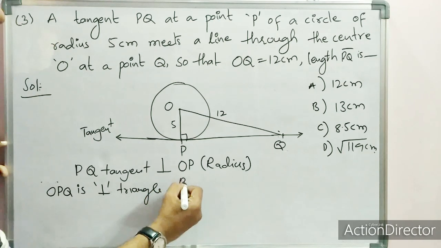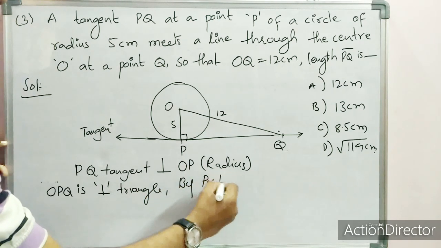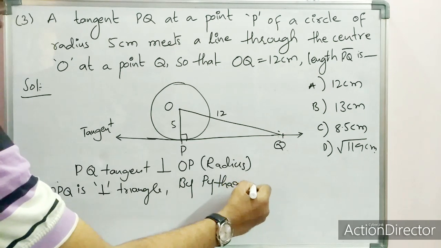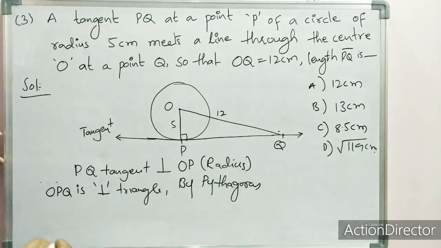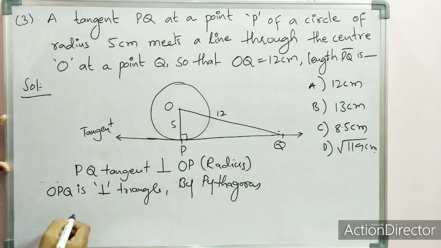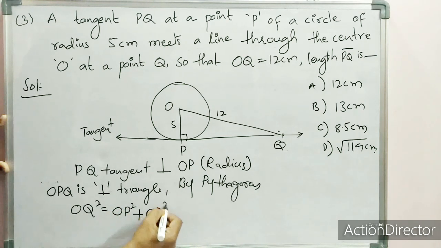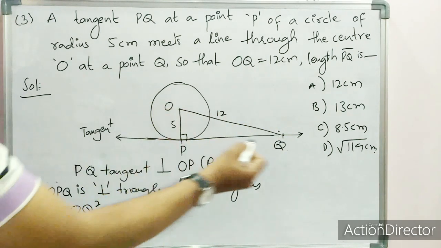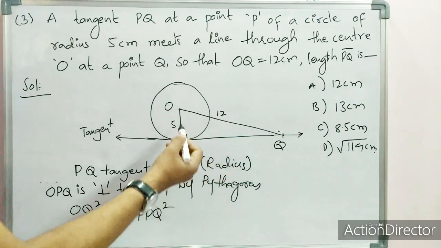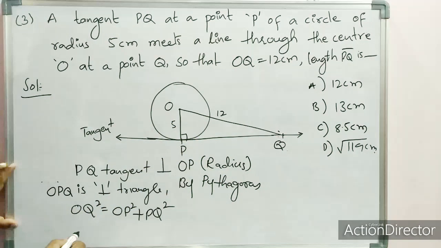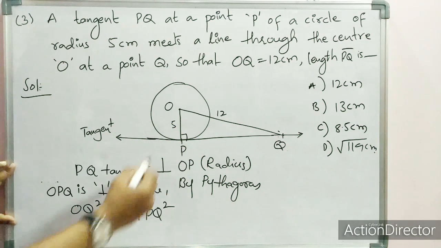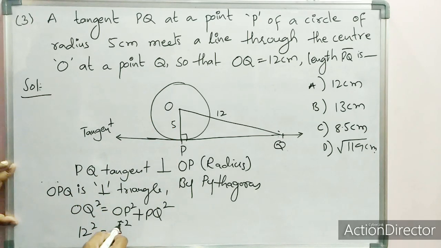Therefore, by Pythagoras theorem, hypotenuse square is equal to the sum of the squares of the other two sides, that is OQ square is equal to OP square plus PQ square. OQ is 12, square; OP is 5, square; plus PQ square, which we have to find.